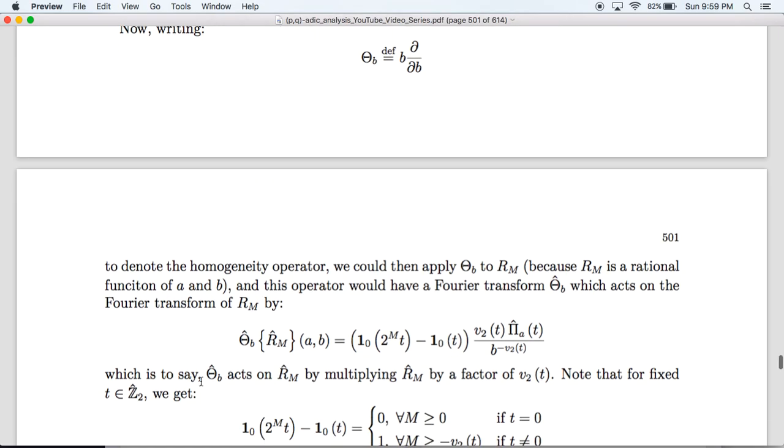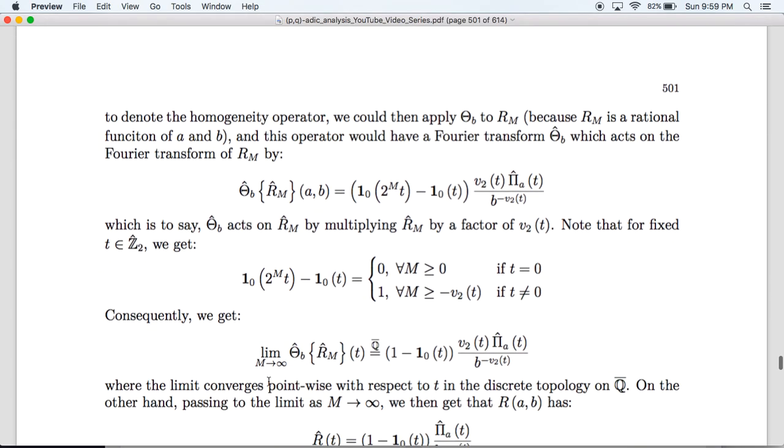That is to say, phi_b hat acts on R_m hat by multiplying R_m hat by a factor of V_2.